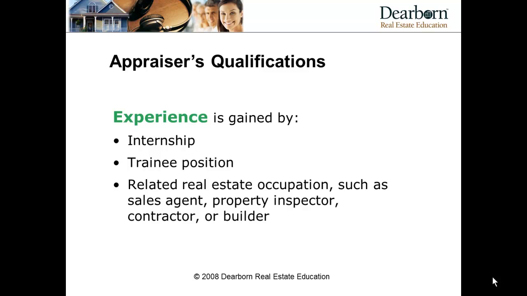So in addition to the education, appraisers need experience, and the experience is mandated as well by the Appraisal Standards Board, the Appraisal Qualifications Board, and that is gained as a trainee, and that's the term for the initial license level.